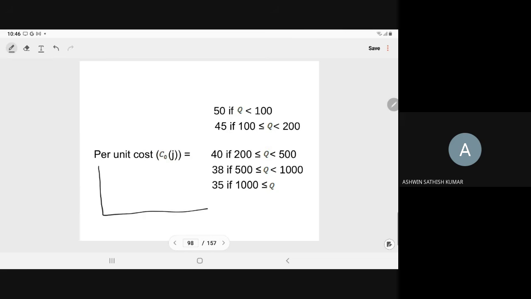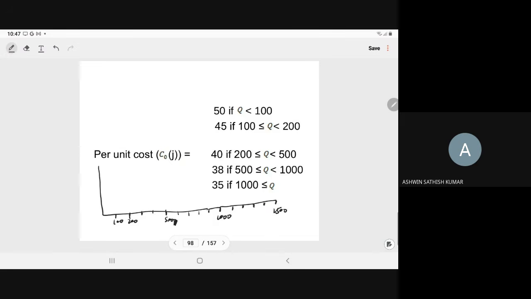It means, let's say we have 100, 200, 300, 400, 500, 600, 700, 800, 900, 1000, 1100, 1200, 1300, 1400, 1500.